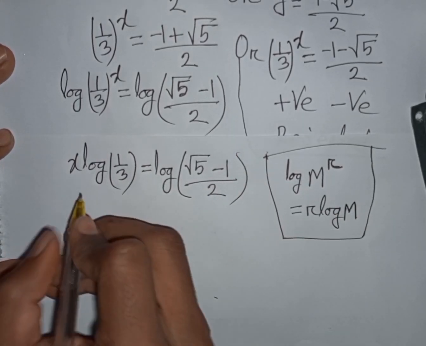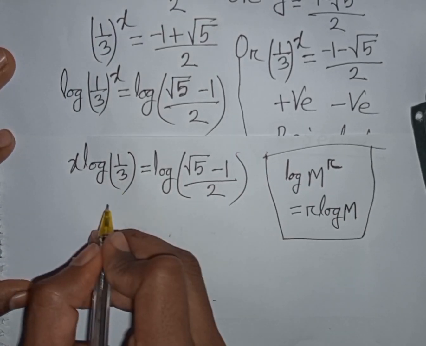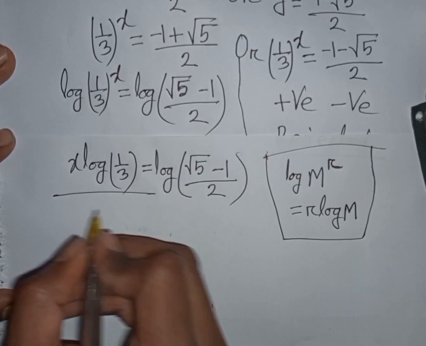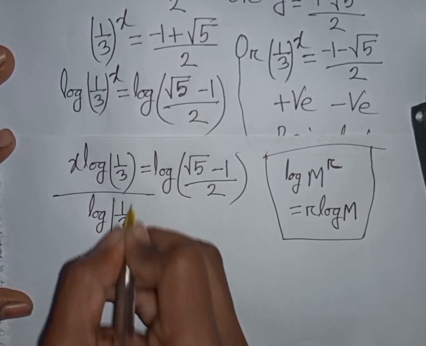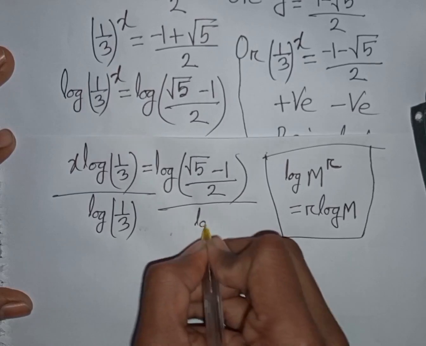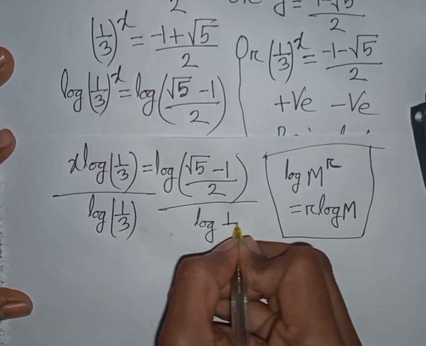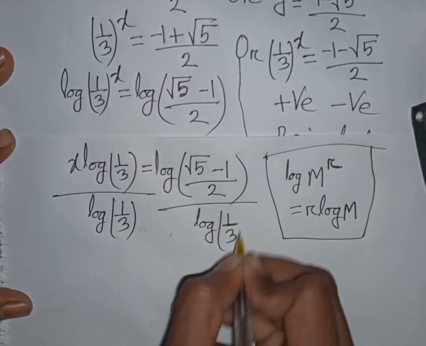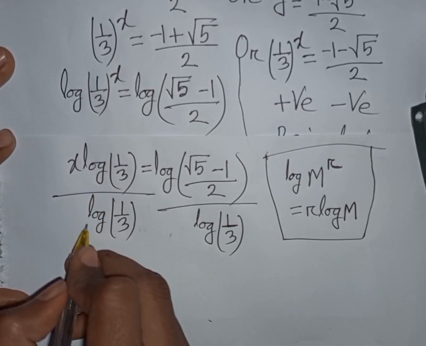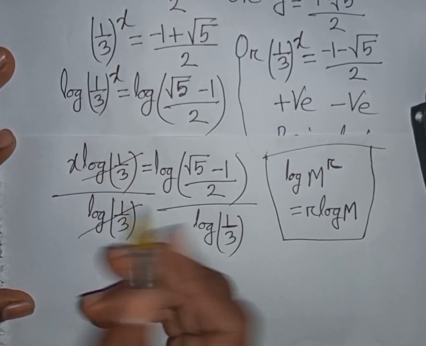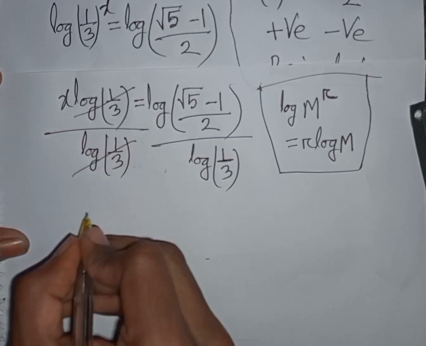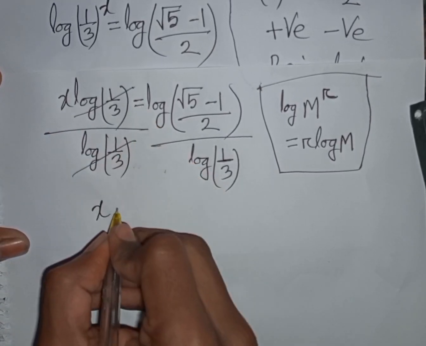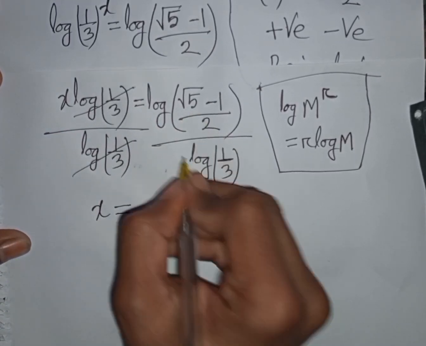Now we need the value of x, so we divide by log of 1 by 3 on both sides. This log of 1 by 3 will be cancelled. So x will be equal to this divided by this.